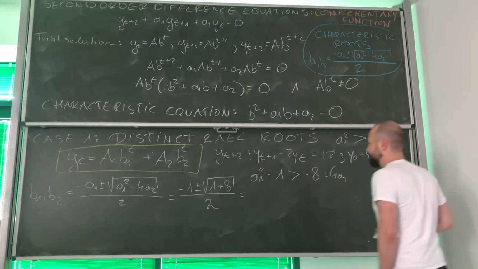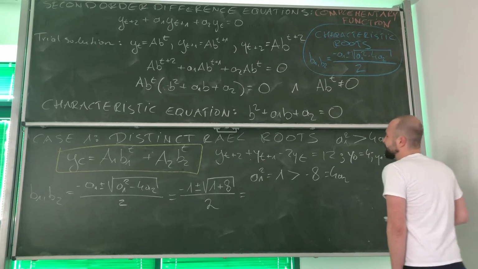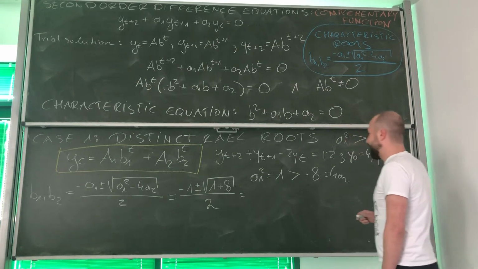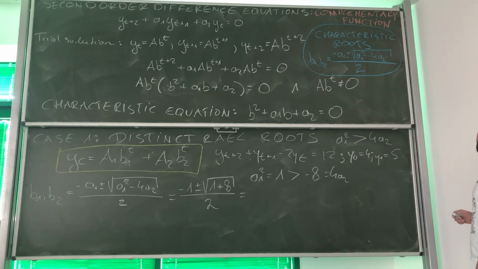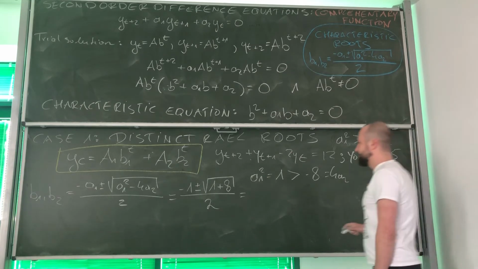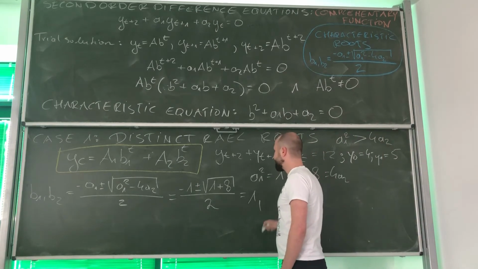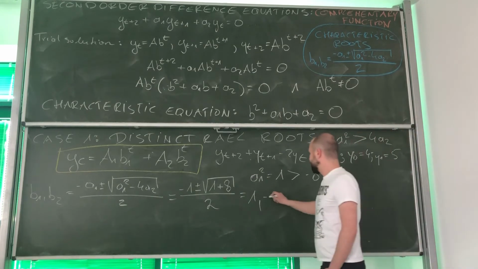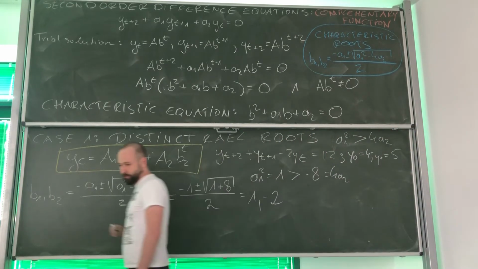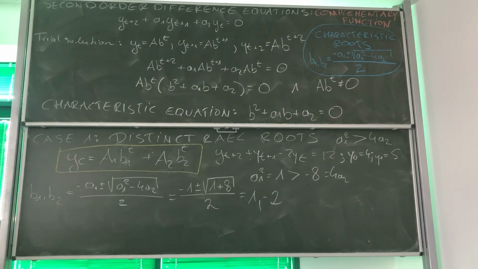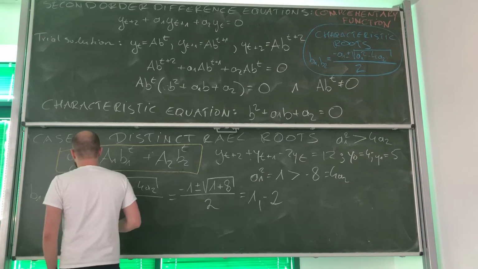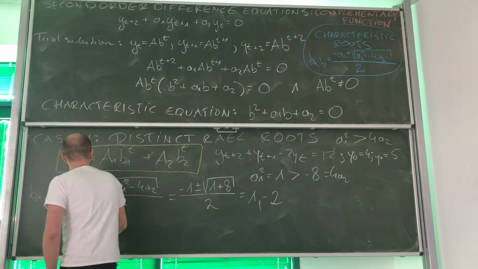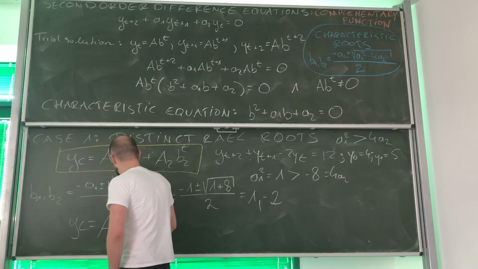This gives us two solutions. The first one is negative 1 plus 3, which is 2 over 2, which is 1. And the second one is negative 1 minus 3 over 2, which is negative 2. So those two are our solutions. So the complementary function in this case is A1.